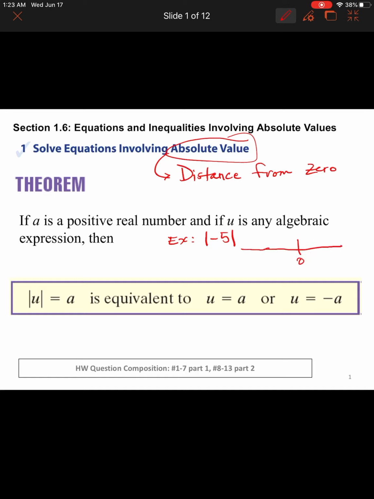So if we put this on a number line and we say negative 5 is here, negative 4, negative 3, negative 2, negative 1. And you count those units. How far is negative 5 from 0? 1, 2, 3, 4, 5.